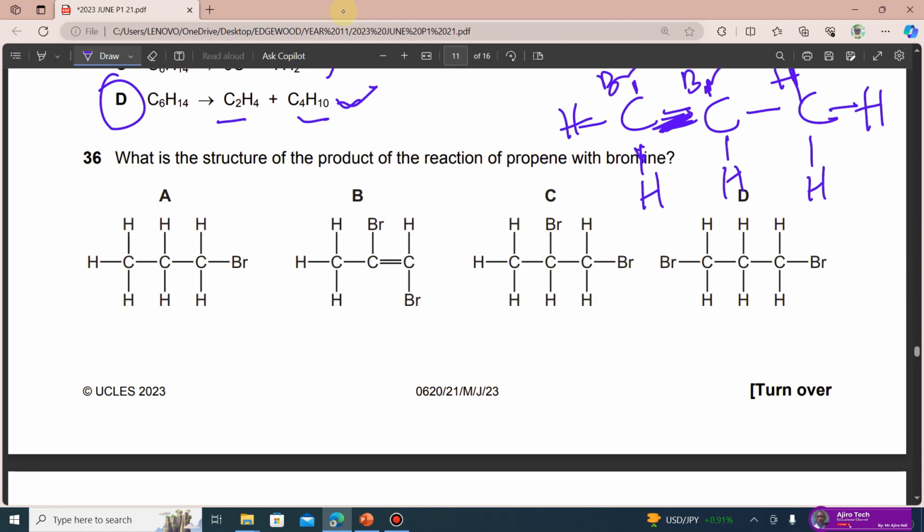That's what happens in this addition reaction. If you look at the products, the one that aligns with that diagram is option C. This is the first carbon and this is the second carbon of the double bond.